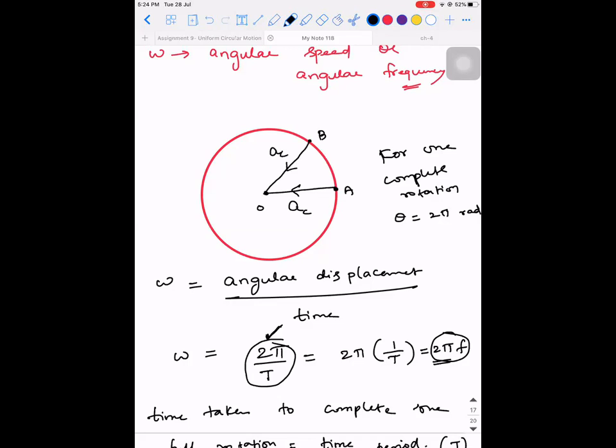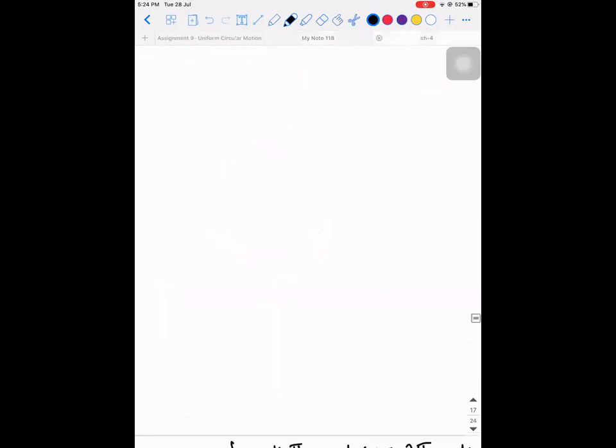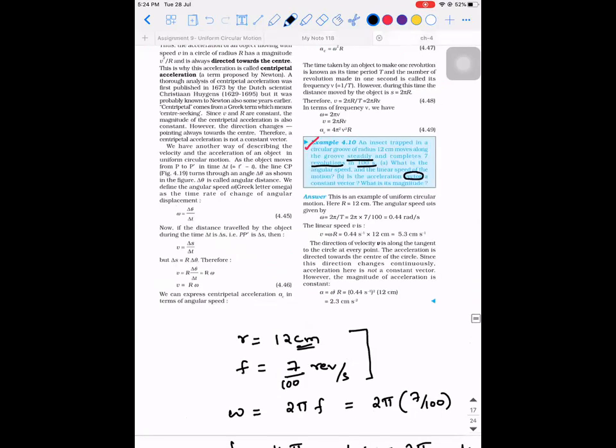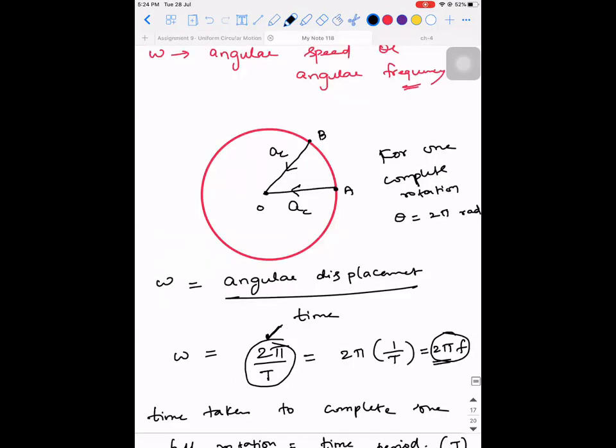It is C. What is the question? Did you read the question carefully? What are they saying? Acceleration vector. Is the acceleration vector a constant? Yes or no? It is not constant. The acceleration vector is not constant because the magnitude of acceleration is the same, but at every point its direction is changing.